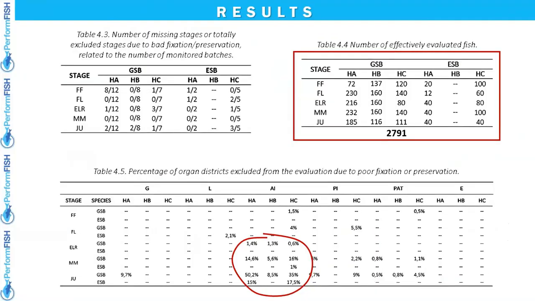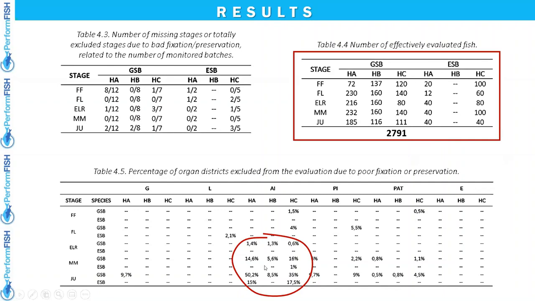Before analyzing the results, I would like to strongly emphasize the number of samples histologically evaluated per hatchery. Around 3,000, a very huge number for a histological study.